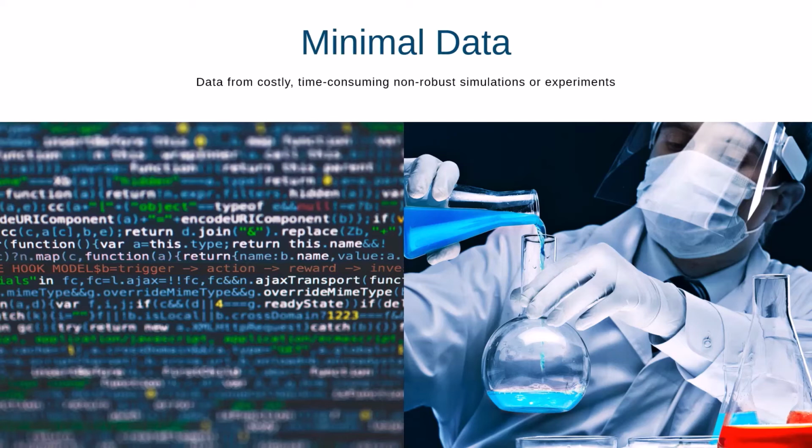Simulations or experiments can be expensive and time consuming. It may not even be possible to conduct experiments for all domains for all variables of interest. Deep network architectures typically require large amounts of data and cannot be applied for such applications. In contrast, Alamo actively attempts to minimize the amount of data it needs to generate an accurate model, making it a highly desirable choice for such use cases.